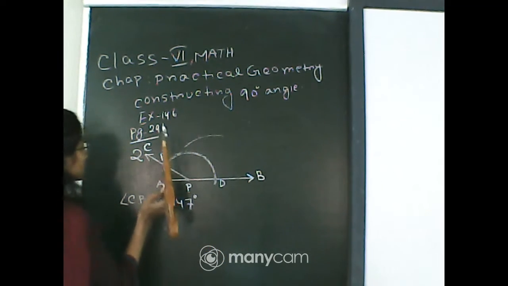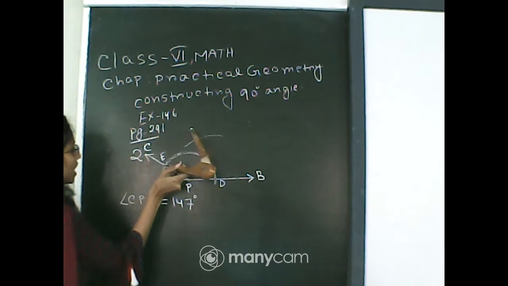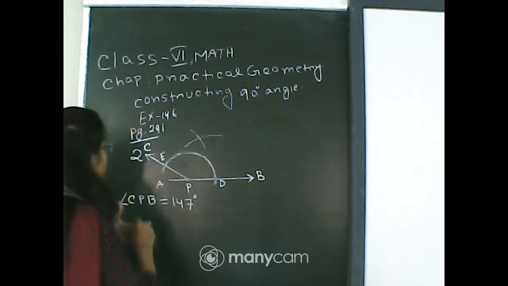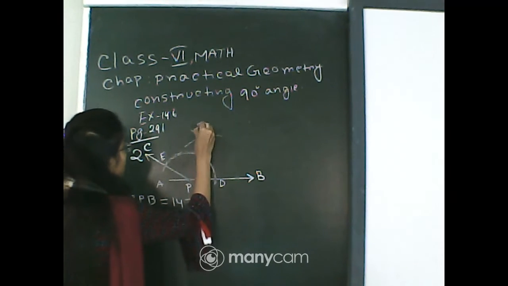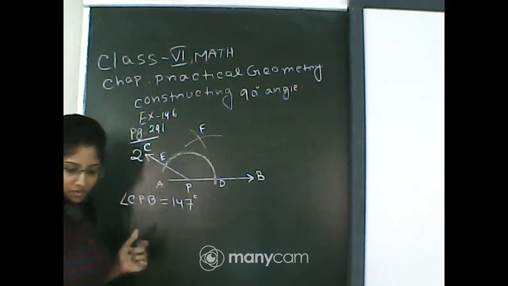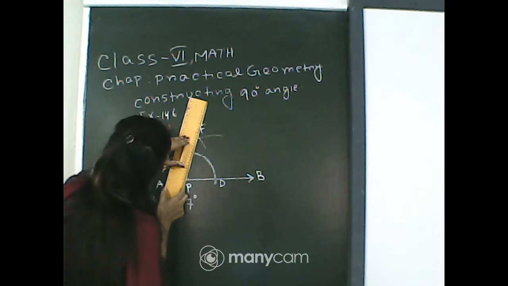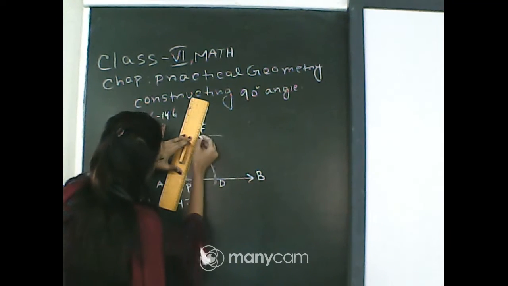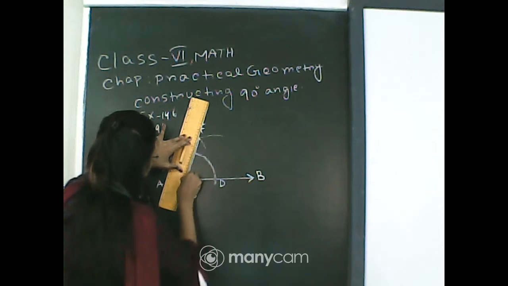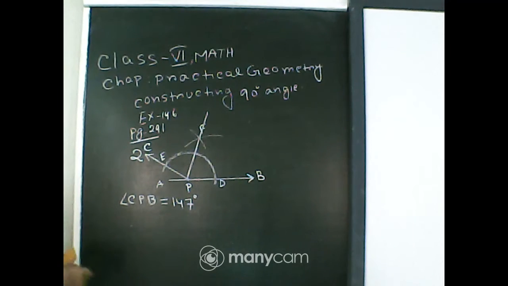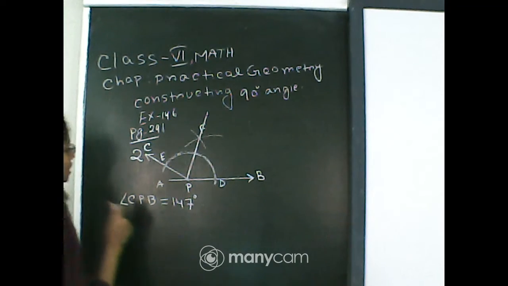With the same radius, and with E as center we draw another arc. Suppose these two arcs intersect at F. Now join P and F. Therefore, PF is the required bisector of angle CPB or EPB.